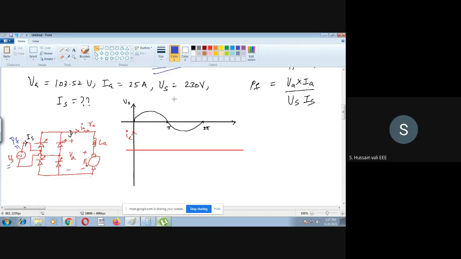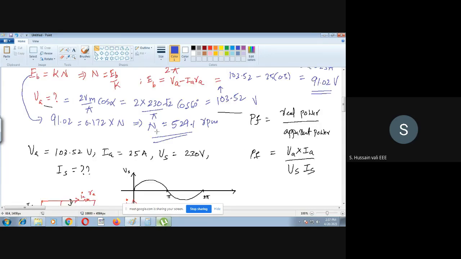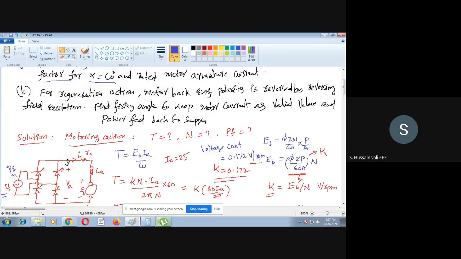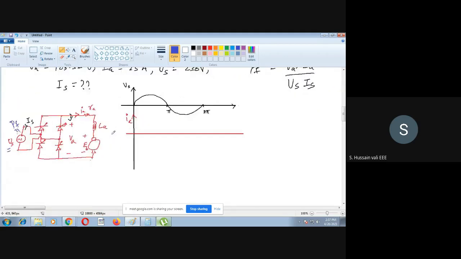Let me go to the question here. You see this line: to make the current continuous and ripple free. It means the motor armature current is continuous and ripple free. That's very important. The current here is just a straight line.